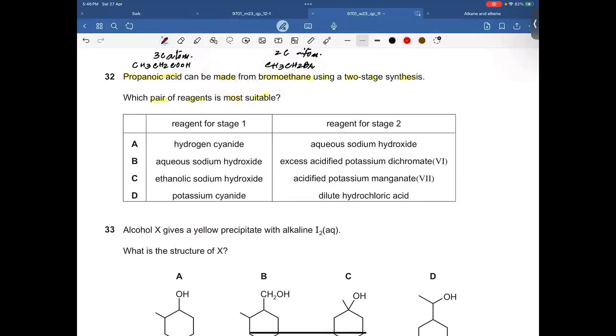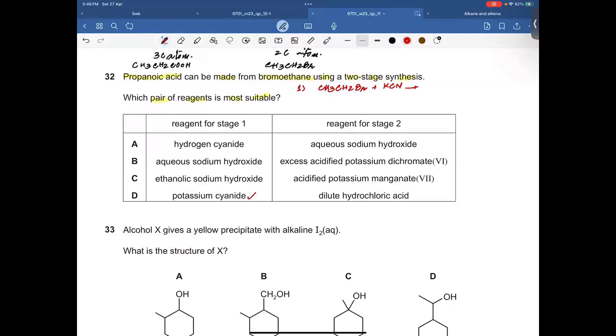What I'm saying is, in the first step, alkyl halide undergoes a step-up reaction in which we need to increase the number of carbon atom, and for that I will use potassium cyanide because potassium cyanide is given in the option.